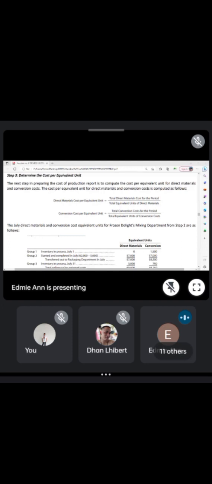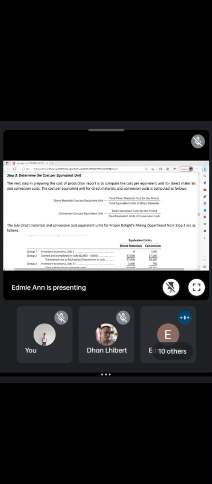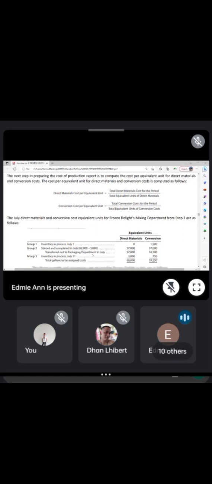Now, using this formula, we are going to solve for the direct materials cost per equivalent unit and the conversion cost per equivalent unit. Okay? So guys, if you have questions, you may raise your hand.